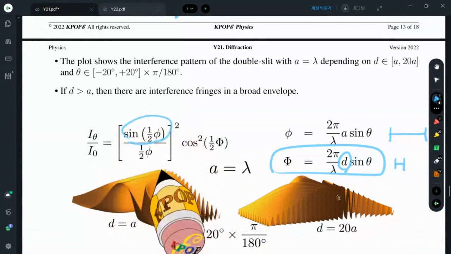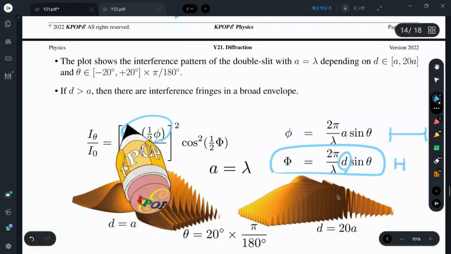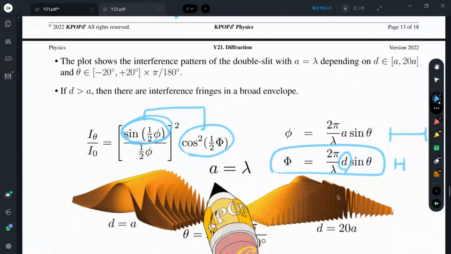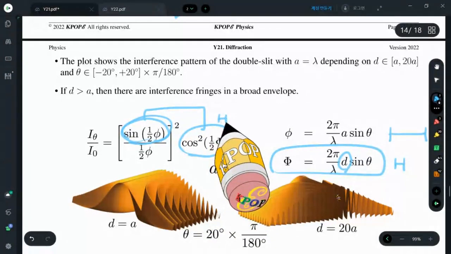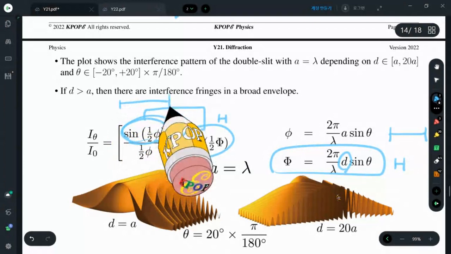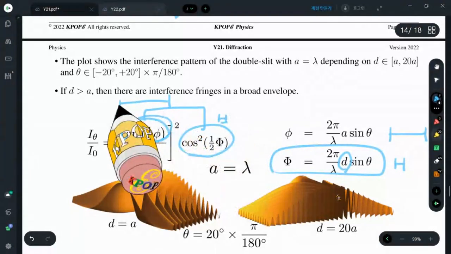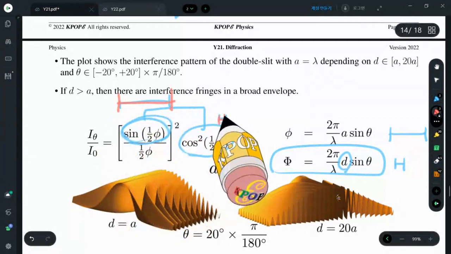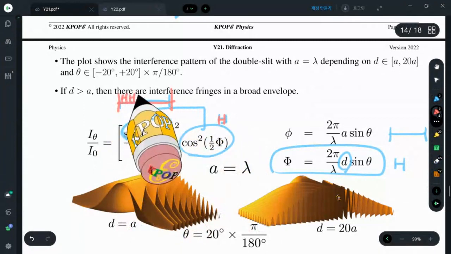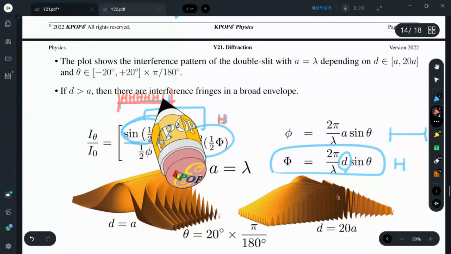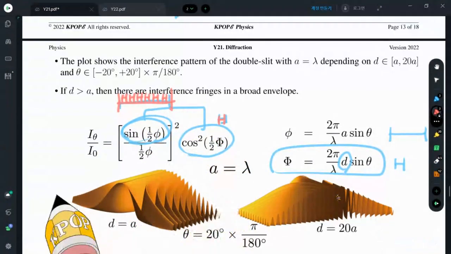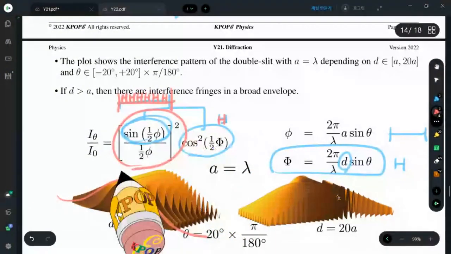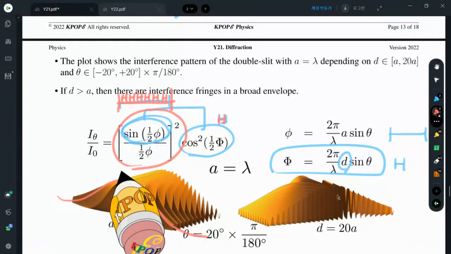This total factor is not periodic anymore. However, as far as this part and this part are concerned, both of them are periodic. The period of this is very tiny, and the period of this is very long. That means inside this distribution, this guy appears many times. As a result, the global shape of the distribution is determined by the single slit experiment.